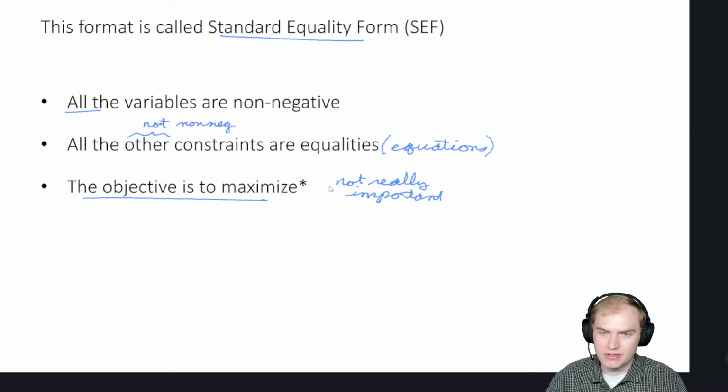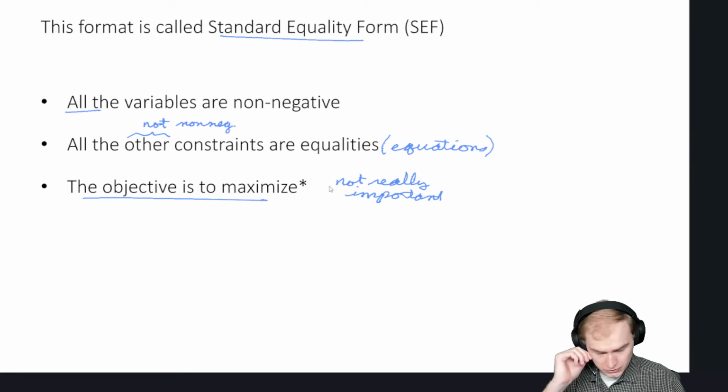Different books and different people and different solver softwares will do it different ways. But we'll find out that it's a slight change in procedure to swap from a maximization to a minimization. But the book just wants to standardize on maximize. So that's why they call for that.